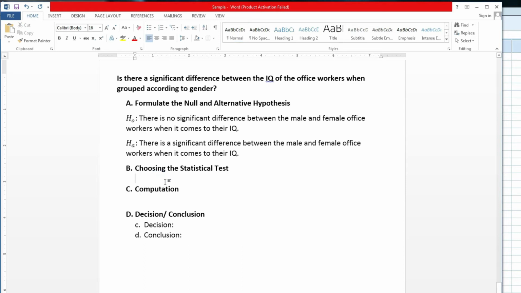Next step, choosing the statistical test. For two independent means, we have the two-sample t-test and the Mann Whitney test. In order to know which of the two we are going to use, we have to check the assumptions for the parametric test and the non-parametric test.